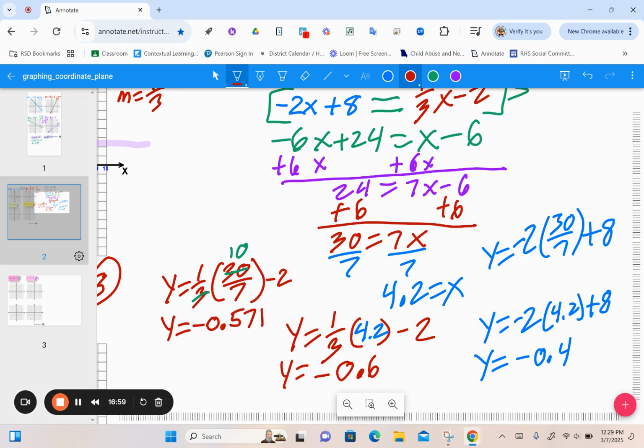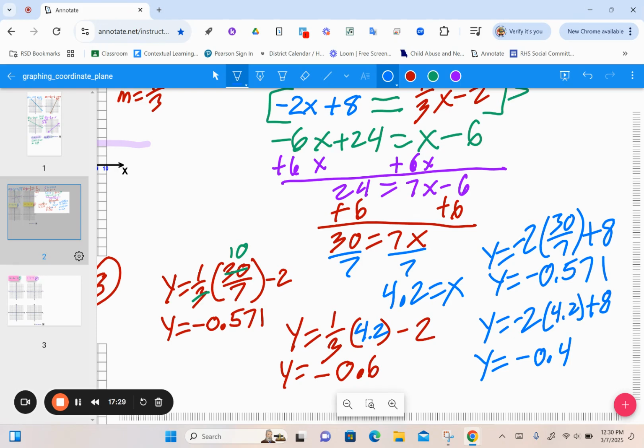And if I do this in blue, negative 2 times 30 over 7 plus 8, I'm going to get negative 4 over 7, which is, again, y equals negative 0.571. So probably should use 30 over 7 if I can, but I like 4.2 because it's easier to see.